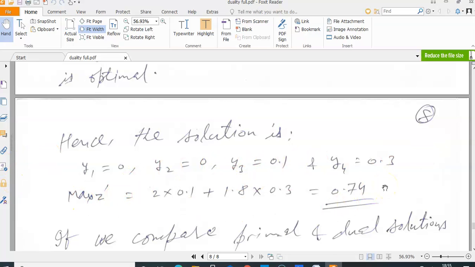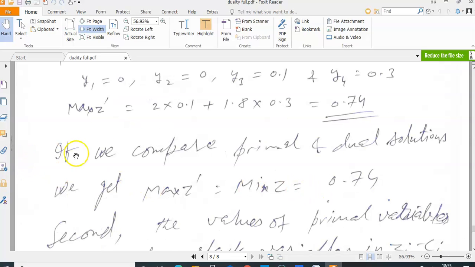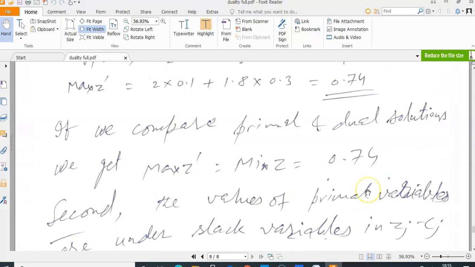Now the question arises, how to read the solution of the primal from the solution of this dual? If we compare the primal and dual solutions, we can see that maximum z dash is equal to minimum z, that is 0.74 in both cases.